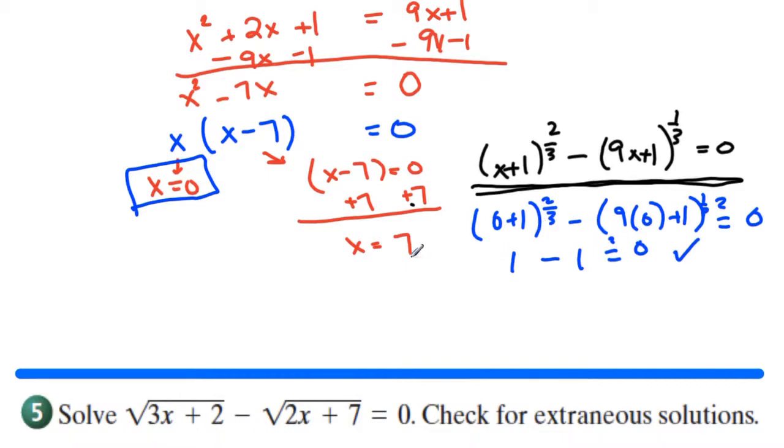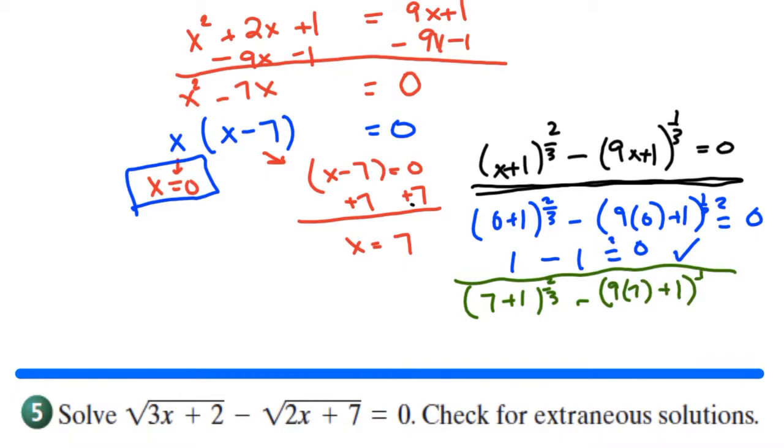Now plugging in 7, I'm going to change to green just so we can differentiate between the two. 7 plus 1 raised to the 2/3 minus 9 times 7 plus 1 raised to the 1/3. Does that equal 0?